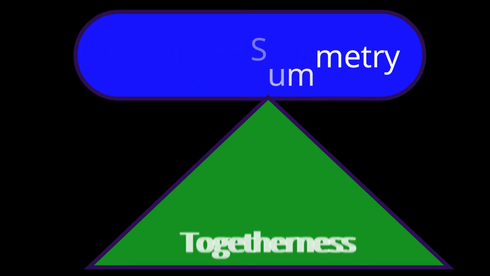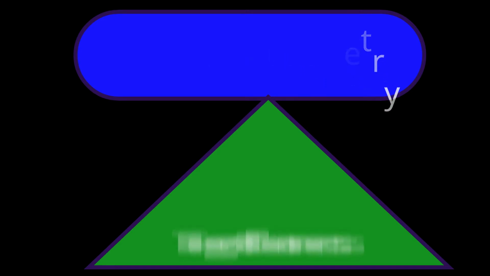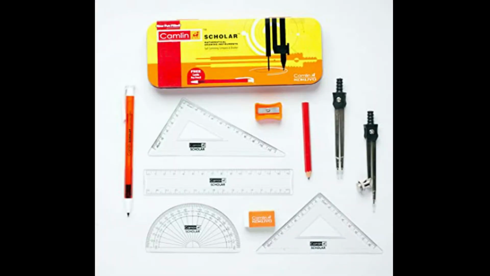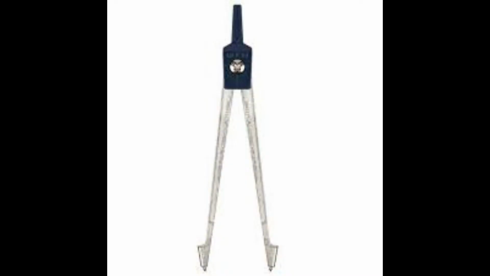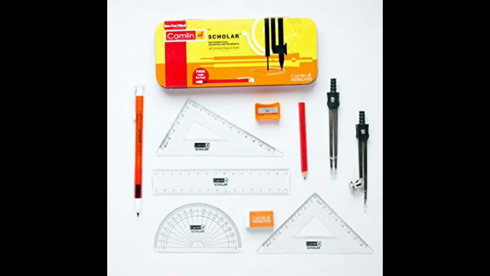For example, in school days we were using a compass box, and in that compass box different elements or tools were there. Which were they? Ruler, compass, protractor, divider, set squares. With the help of that, we were doing many geometrical constructions and measurements.